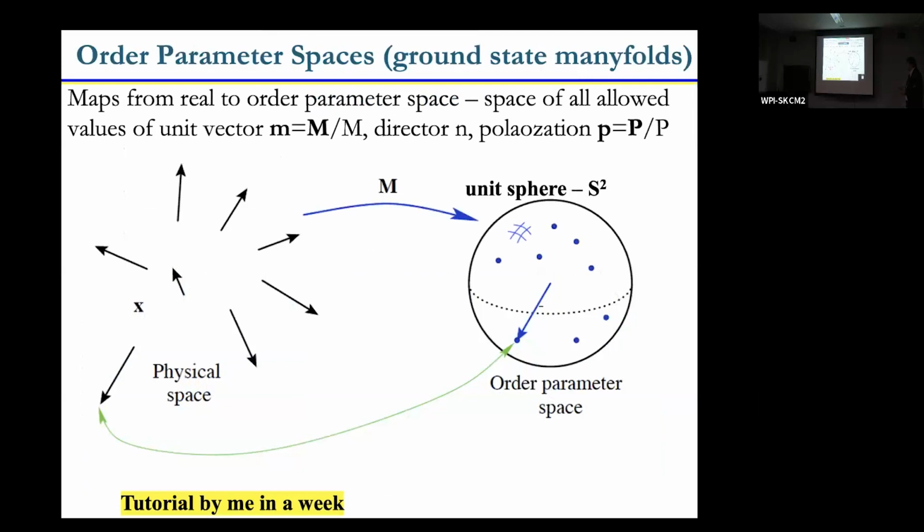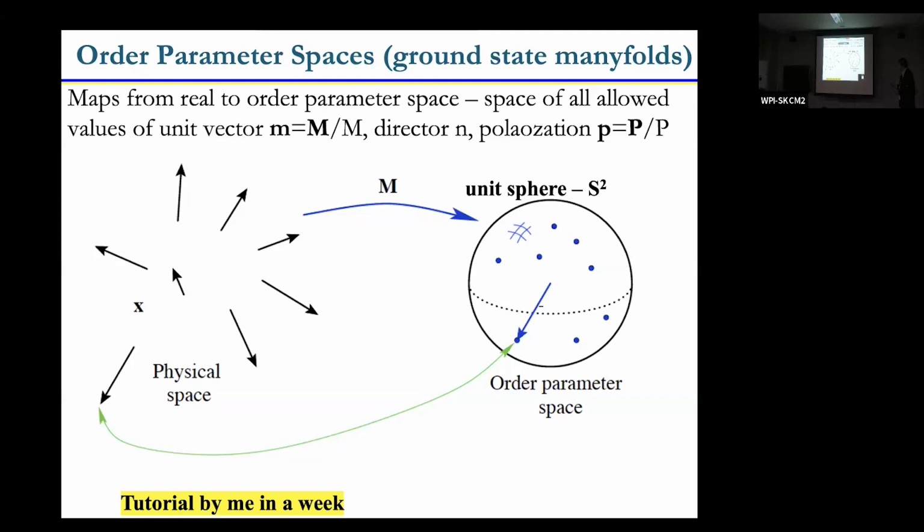But also, as we will see from my tutorial next week, we can understand and define the different order parameter spaces that can be related to these different symmetries of the phases that we discussed, right? And therefore, these symmetries can determine what types of topological objects can be observed in these phases, including topological singular defects and topological solitons.